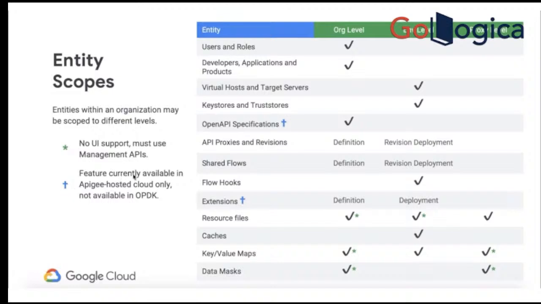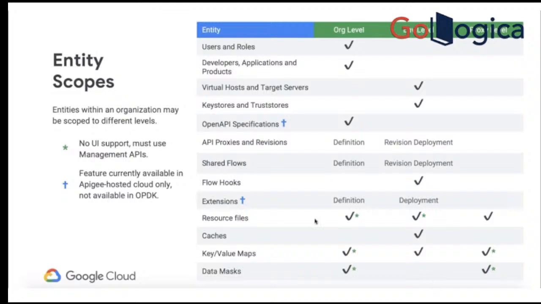So we covered these API proxies, revisions, shared flows, and all of this. And things like resource files, caches, key value maps. Resource files and key value maps are available on all the levels: org level, environment level, proxy level. You can put them in there. And data masks are available on the org level and proxy level.